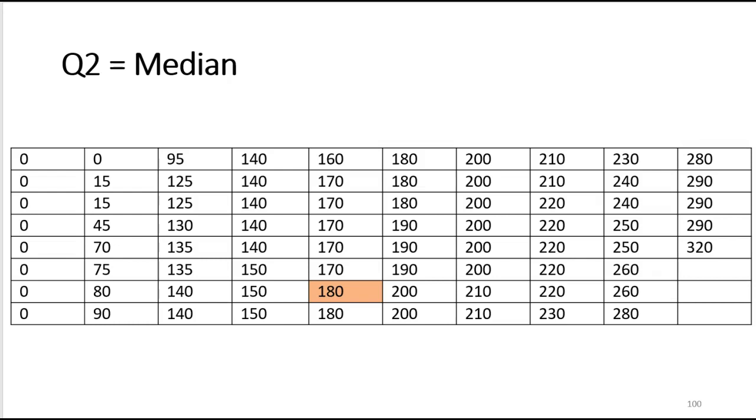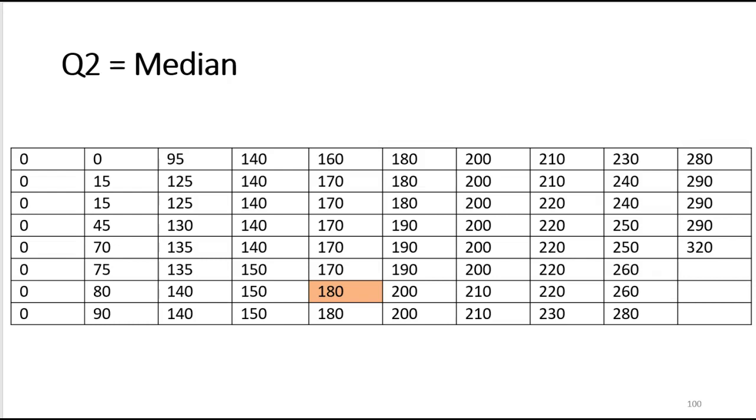We're going to start out by finding Q2. Recall that Q2 is the same as the median, and we already found the median for this data set. We found that the median was equal to 180, therefore Q2 is equal to 180.